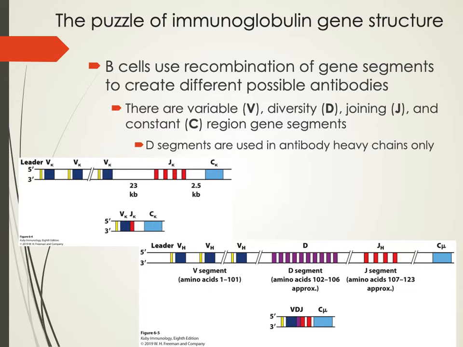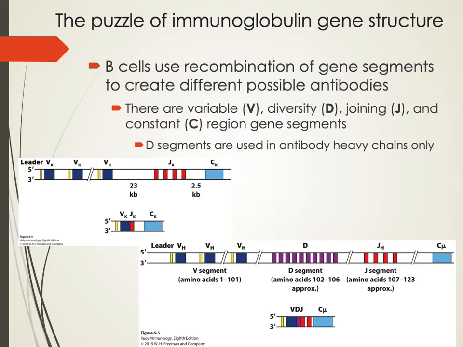And so what you're seeing in this figure, the figure that's to the left, is your light chain, where we have different variable regions to pick from, and then we have different J regions to pick from, but then we have a constant region that is specific for that light chain, okay?